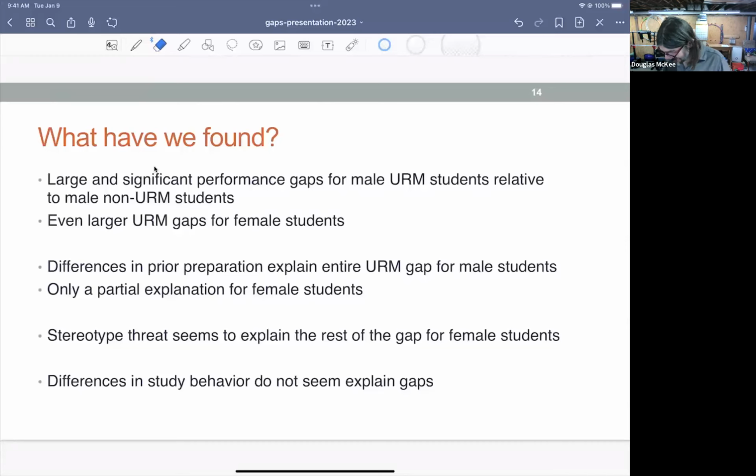And it does seem that we have evidence consistent with stereotype threat, because we don't see those same gaps when we look at a low stakes test given at the end of the semester. And I should also say that if you look at the correlation between the two exams, it's very high. So they're both measuring very similar things, but at different times and in different contexts.